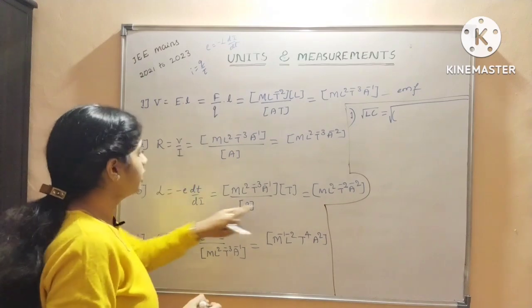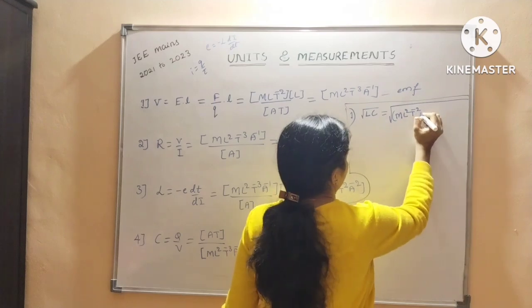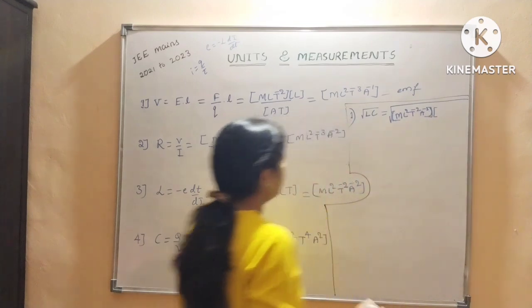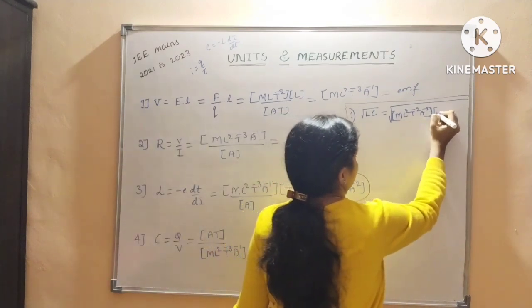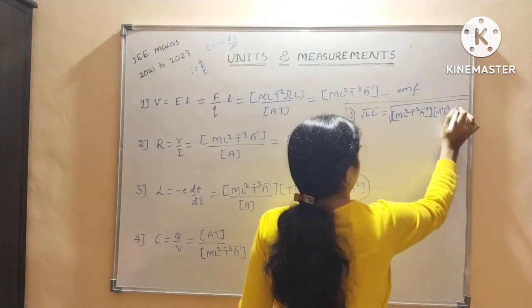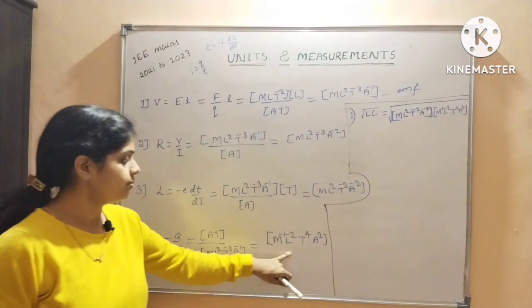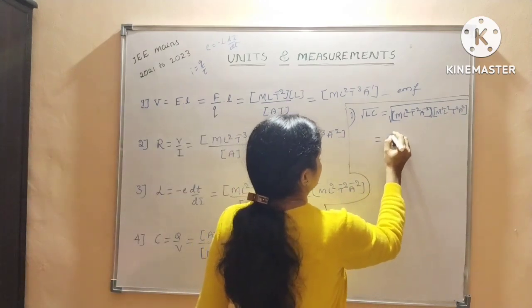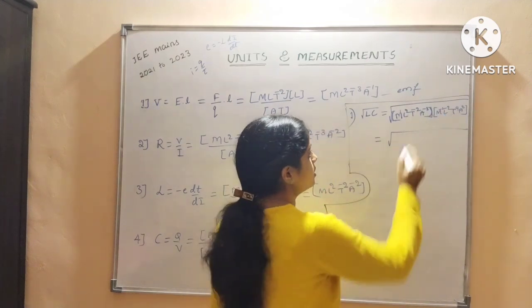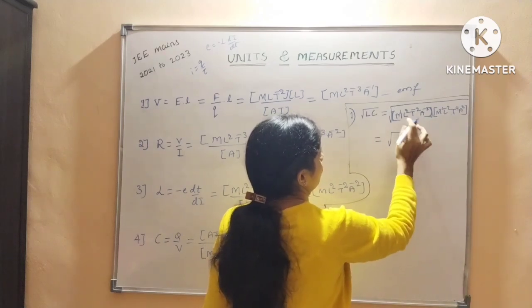L, inductance, ML square T raised to minus 2 A power minus 2, the dimension of capacitance is M power minus 1, L power minus 2, T power 4, A square, which is equal to root of, here M power minus 1 cancels, L square L power minus 2 cancels, A power minus 2 A square cancels, remaining is T raised to 2.